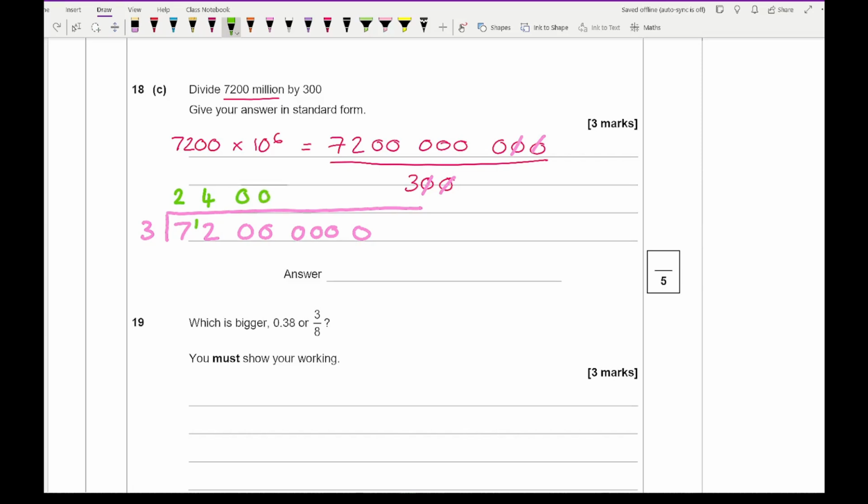So I've just got the rest of the numbers in zeros. The last thing for me to do is convert this number into standard form. So that's going to be 2.4 times 10 to the power of 1, 2, 3, 4, 5, 6, 7. And that's positive 7 because we have got a big number.